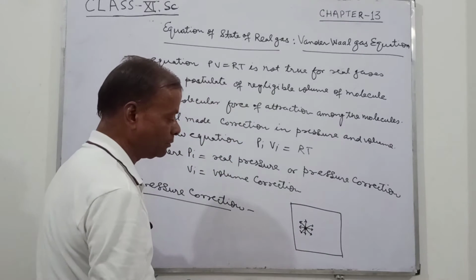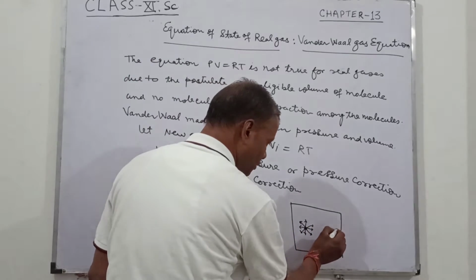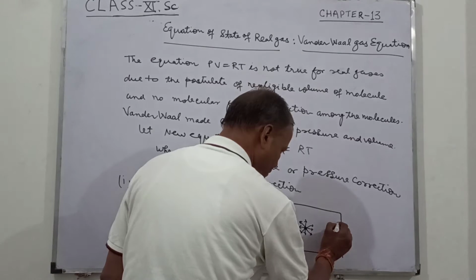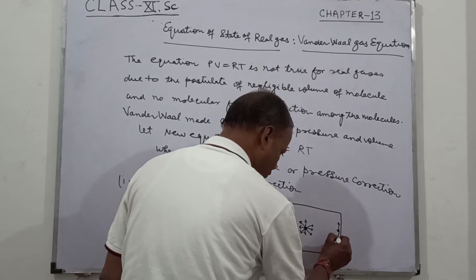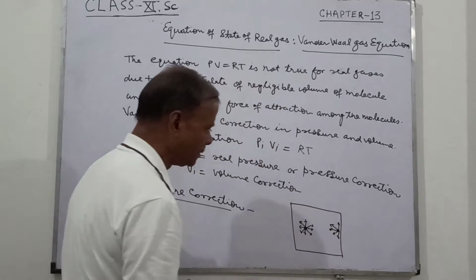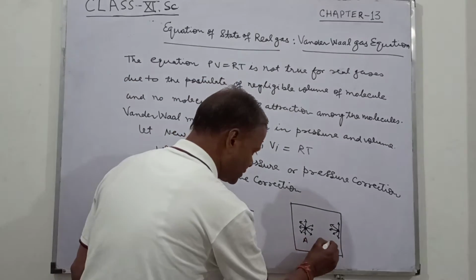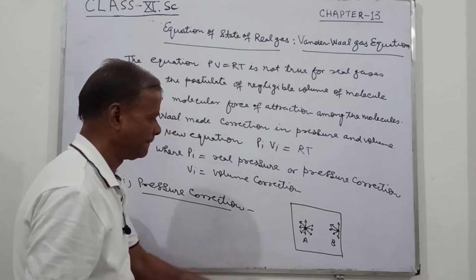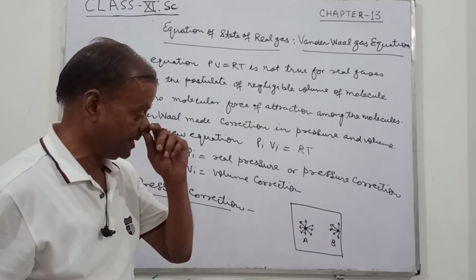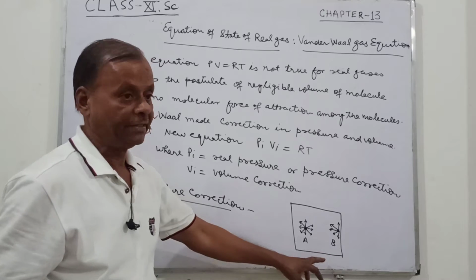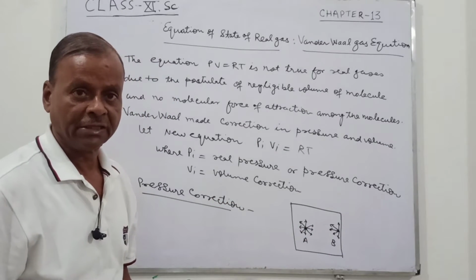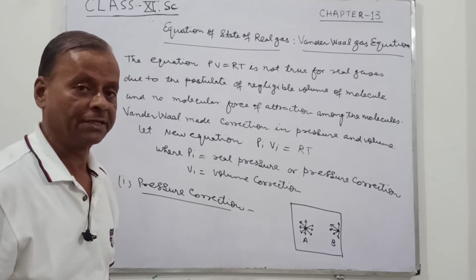This is the free molecule, but when this molecule comes near this wall or this face, then there will be forces on this molecule. So this is the position A and this is the position B. When the molecule is in the position B, then the pressure exerted by this molecule will be less than the pressure of the ideal gas.